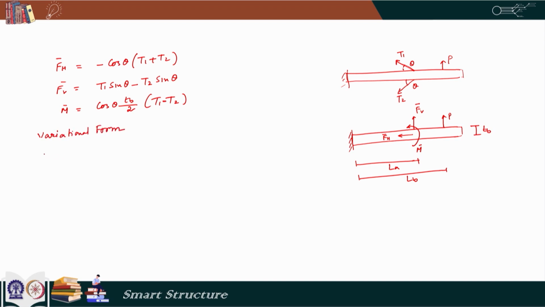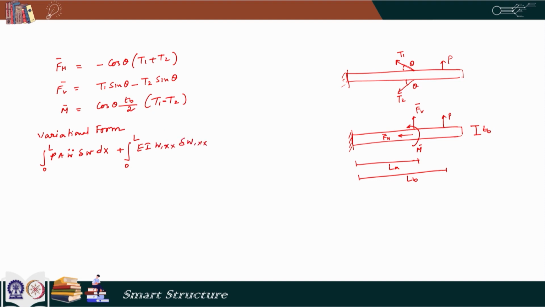The variational form is integral from 0 to L of rho A W double dot delta W, the variation of W, plus the internal virtual work which comes as W comma xx multiplied by delta W comma xx.